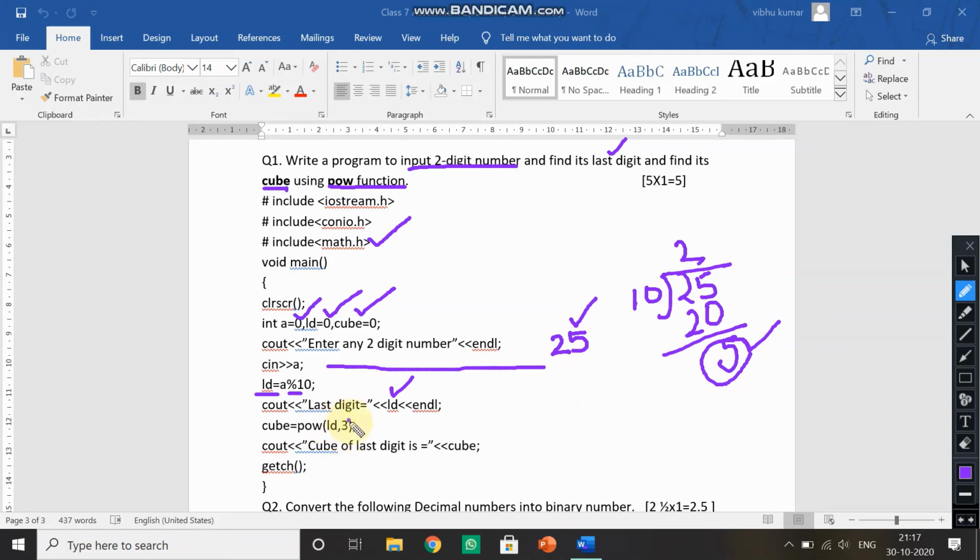The 3 represents the cube, meaning you are multiplying the number 3 times: 5 into 5 into 5, right? This way you calculate the cube of this LD. Now print out: cube of the last digit is equal to cube. So this is the program which you had to write.